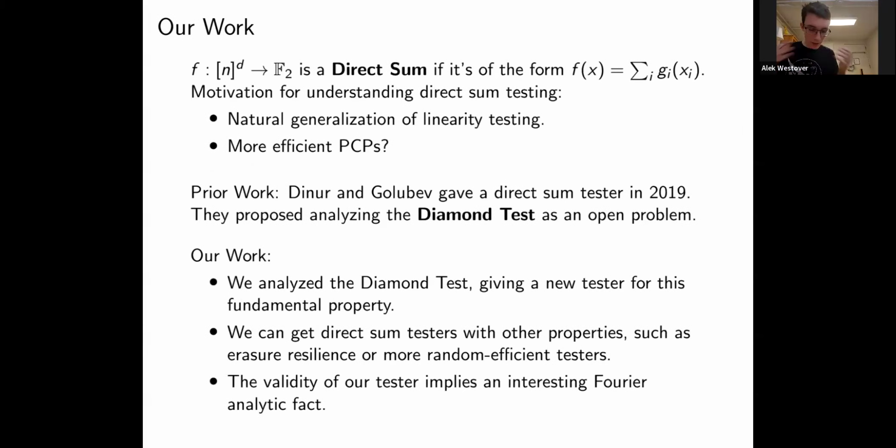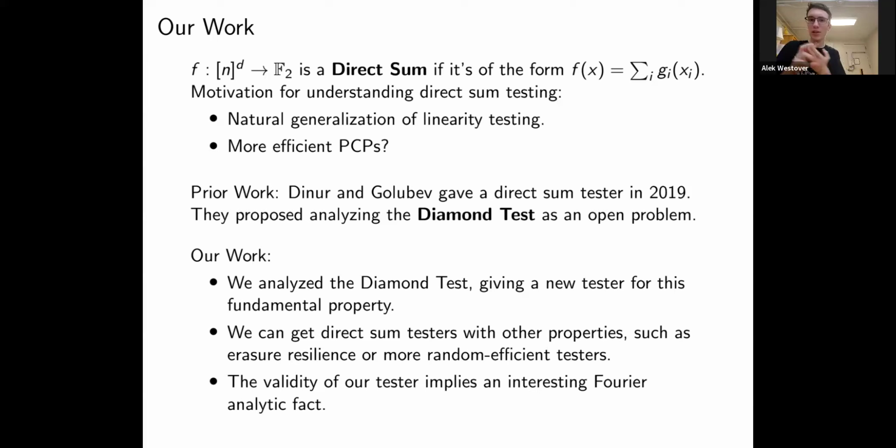So what we did in our project is we analyzed this diamond test that was introduced by Dinur and Golubev, which gives a new tester for this fundamental property. And along the way, we figured out how to get some direct sum testers that have additional nice properties, such as erasure resilience and being more randomness efficient.